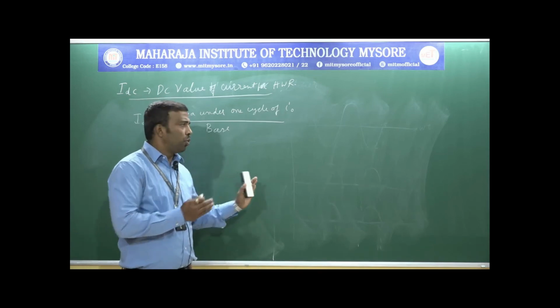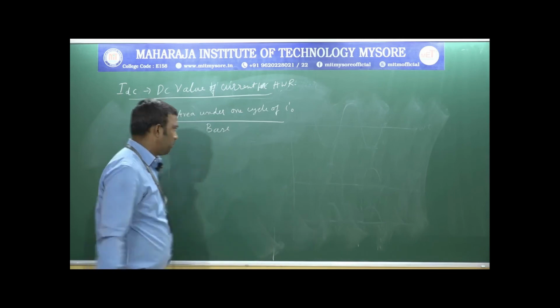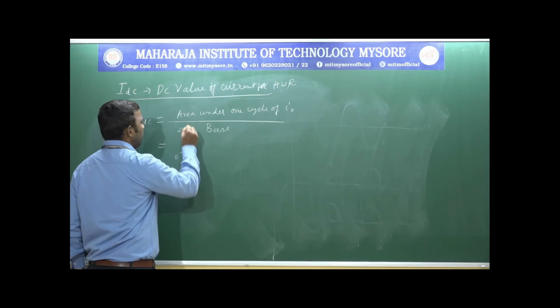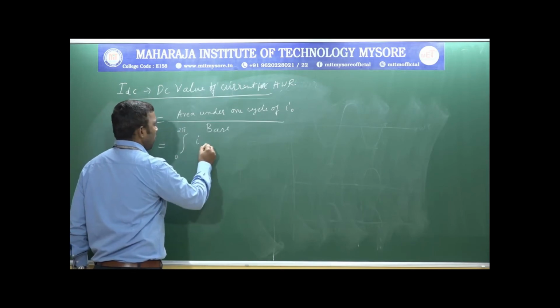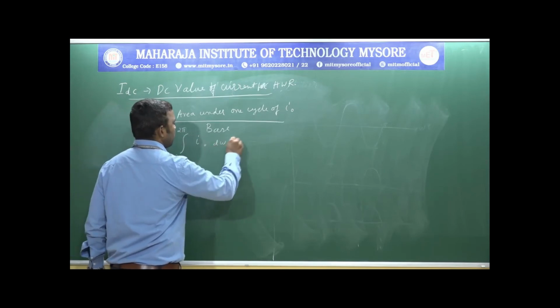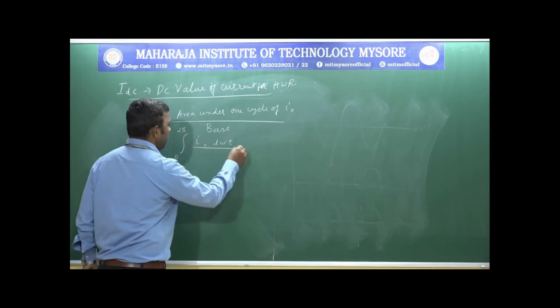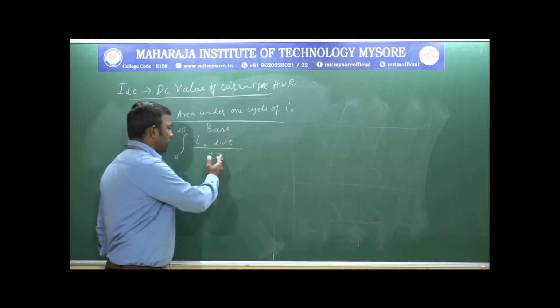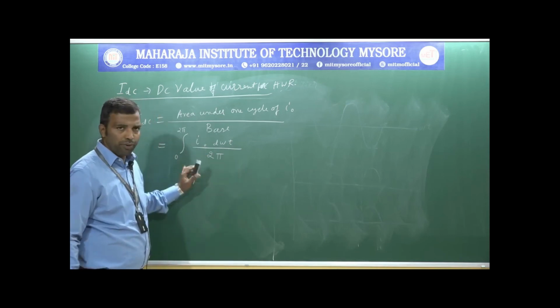So, integration from 0 to 2 pi of I naught d omega t throughout the time period, divided by the base 2 pi, the entire cycle. 2 pi is a constant, I will take this outside.